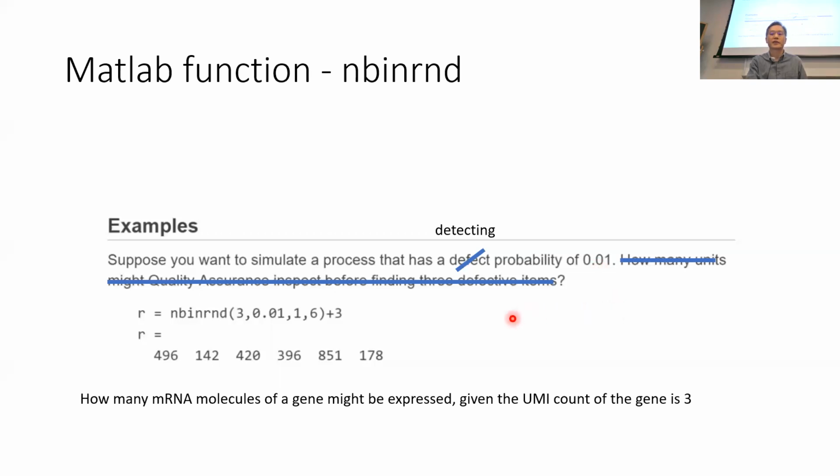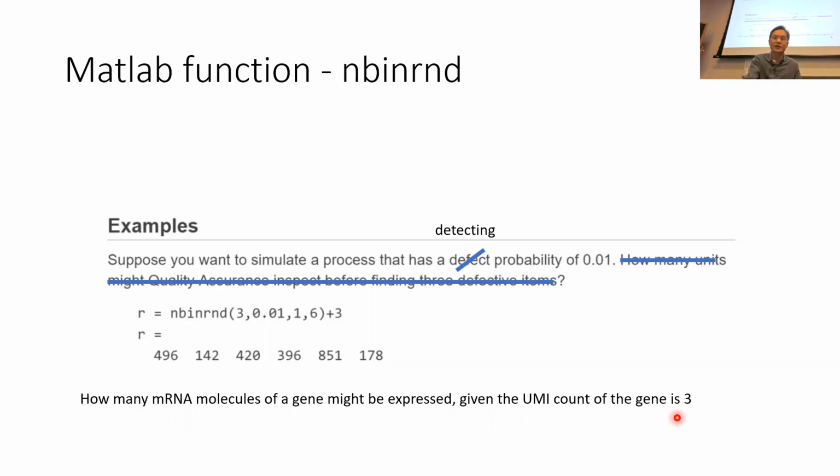Then I ask how many mRNAs of that gene should be in that cell so that at the end I will get a UMI count of that gene equal to 3.